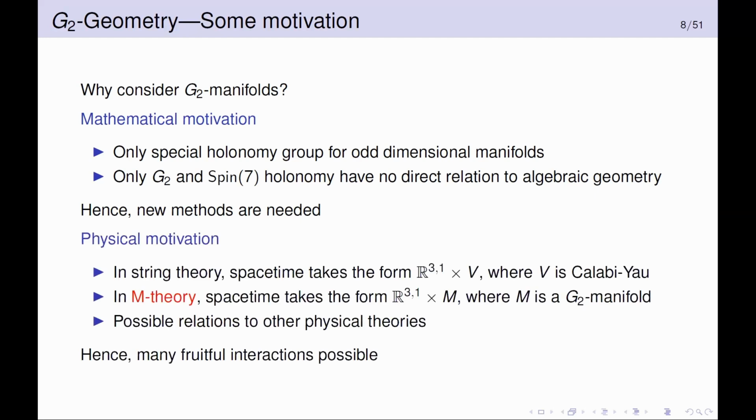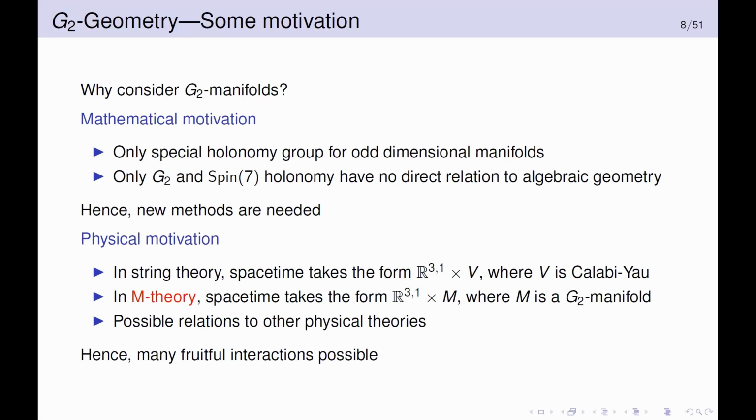From a physical point of view, well, physical in scare quotes, you remember that in string theory, space-time takes the form of a four-dimensional visible space-time times a Calabi-Yau manifold. And in M theory, you take a product with a G2 manifold instead of a Calabi-Yau.